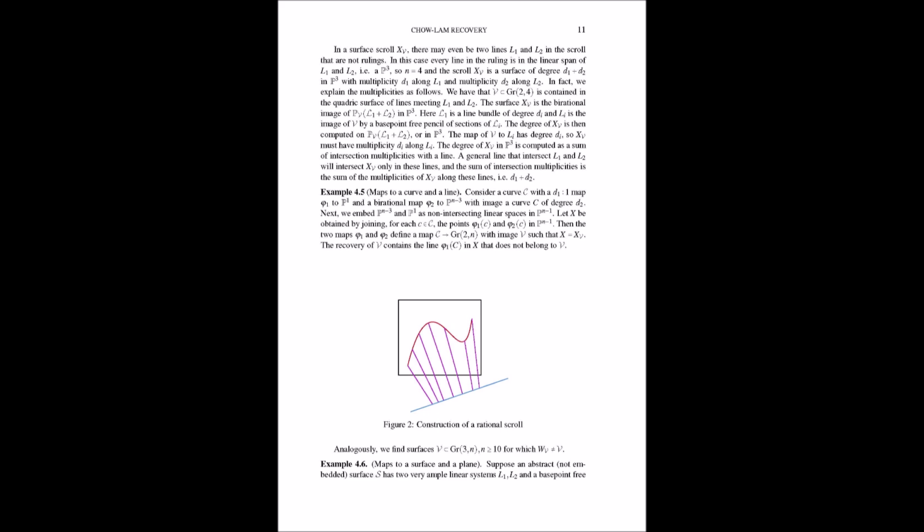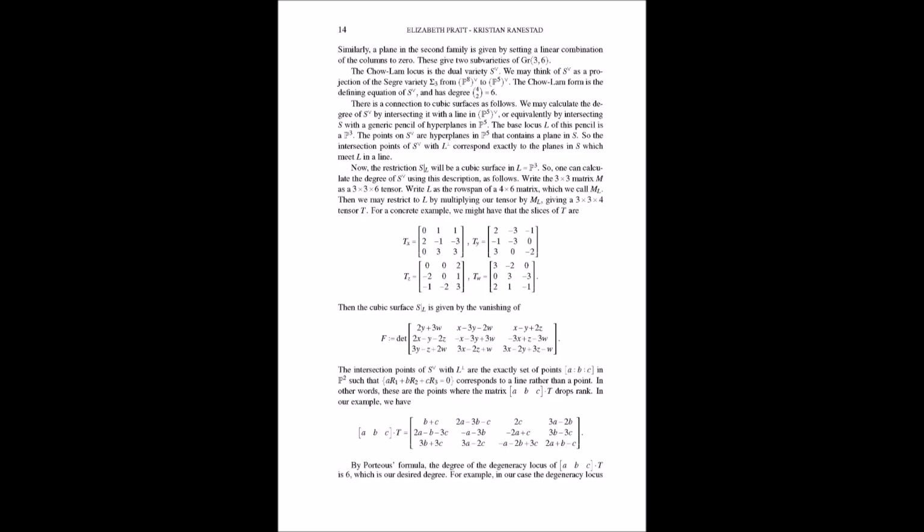It's a major step forward in our understanding of how the Chow Lam form interacts with the intricate geometry of Schubert varieties. It's amazing how this seemingly simple question of recovering a shape from its shadows can lead to such deep and intricate results. It's a testament to the power of algebraic geometry and its ability to uncover hidden structures and connections within seemingly simple geometric objects.